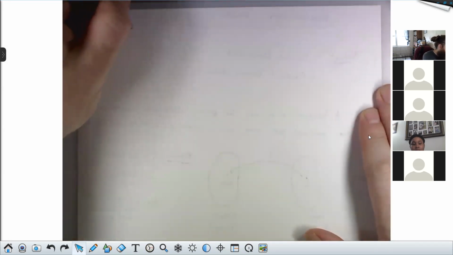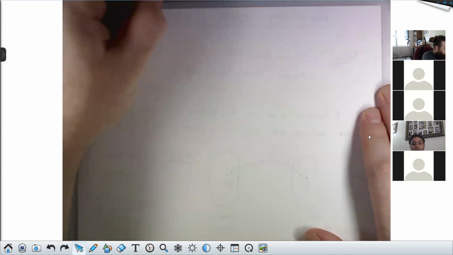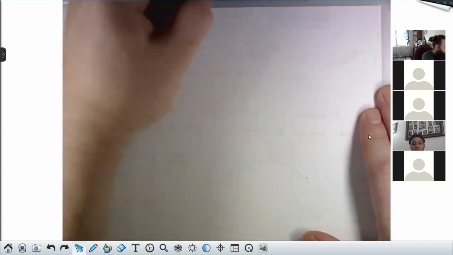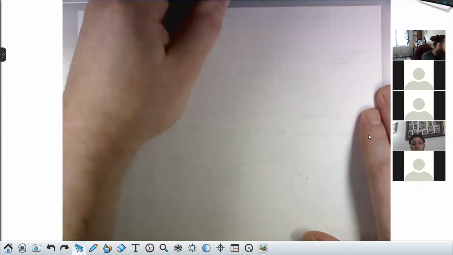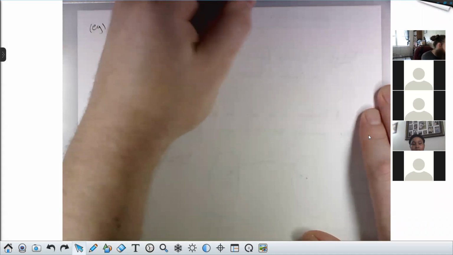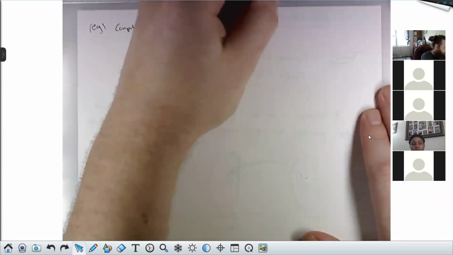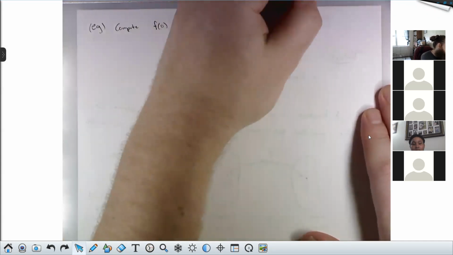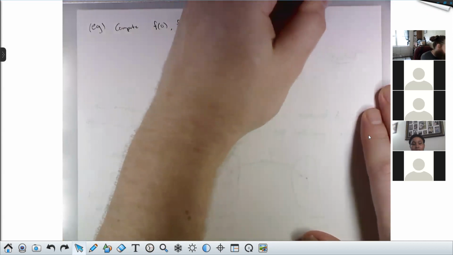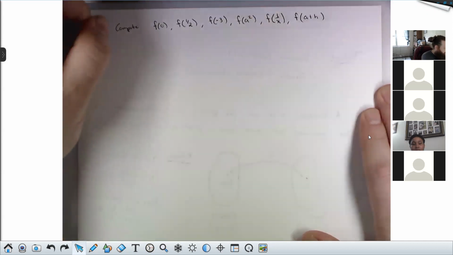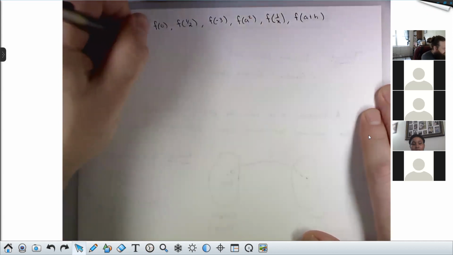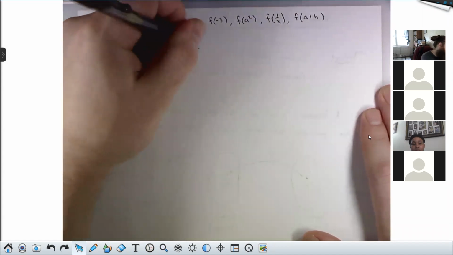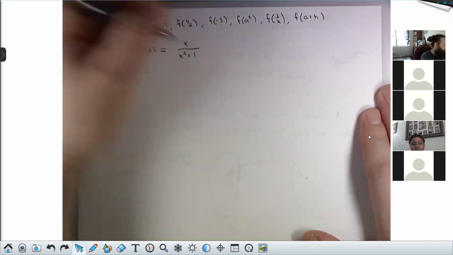So let's compute f of 0, f of 1/2, f of -3, f of a squared, f of 1 over x, and f of a plus h, where f is the function defined by the rule f of x equals x over x squared plus 1.